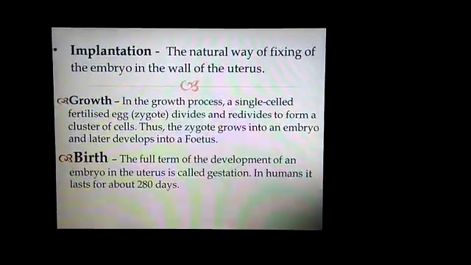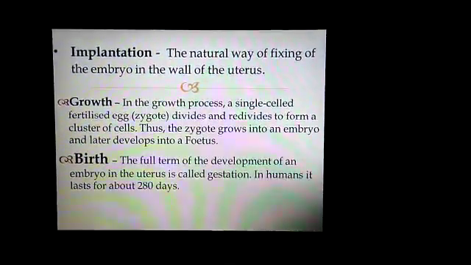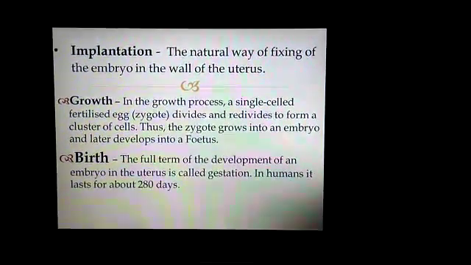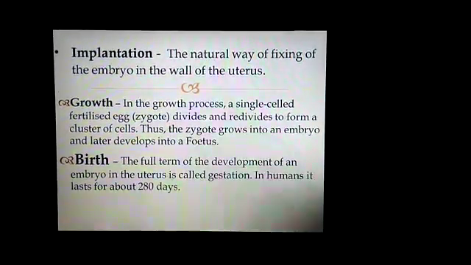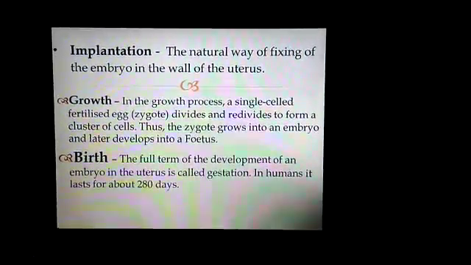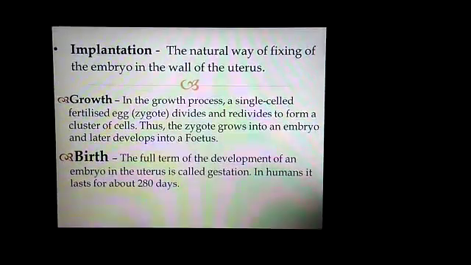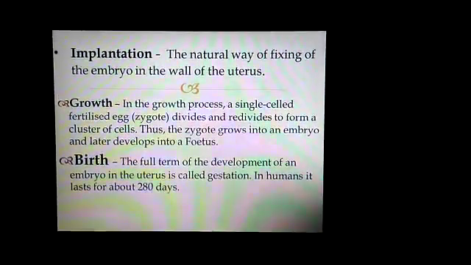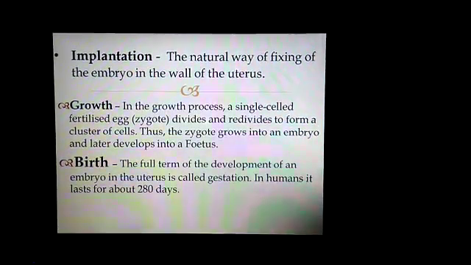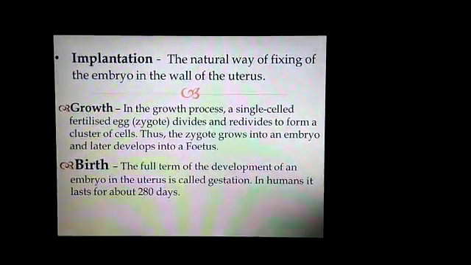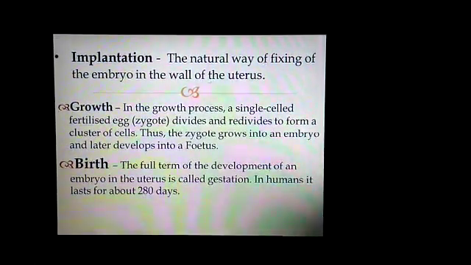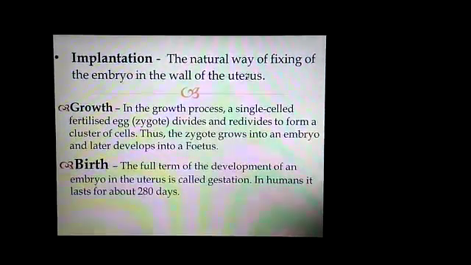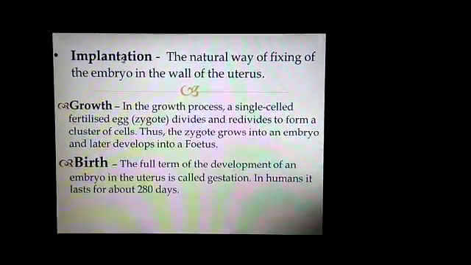Next is implantation, the natural way of fixing the embryo in the wall of the uterus. After the formation of the zygote, it starts developing, and by the time it reaches the uterus, it fixes itself to the wall of the uterus. This natural fixing of the embryo in the wall of the uterus is called implantation.